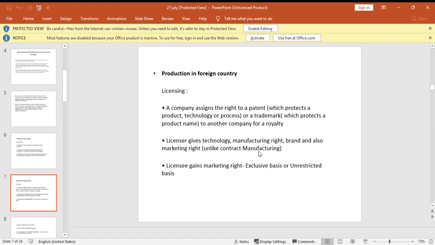The licensor gives technology, manufacturing right, brand, and also marketing right, unlike contract manufacturing. The licensee gains marketing rights, on an exclusive basis or unrestricted basis.